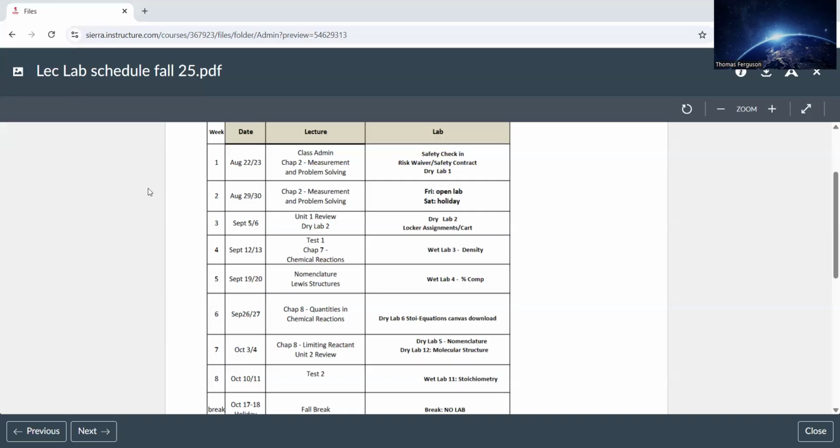And today we're going to start into quantities of chemical reactions. Okay, so the lecture schedule: it's going to be Matthew again.